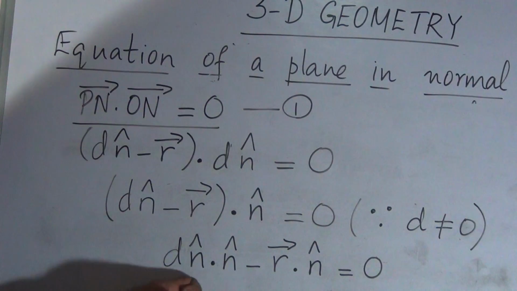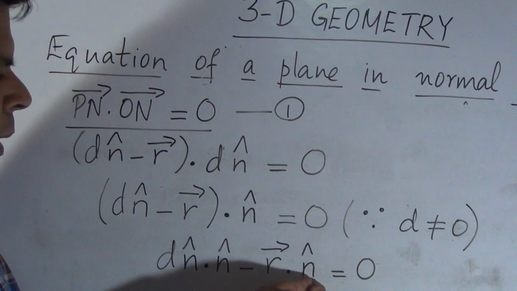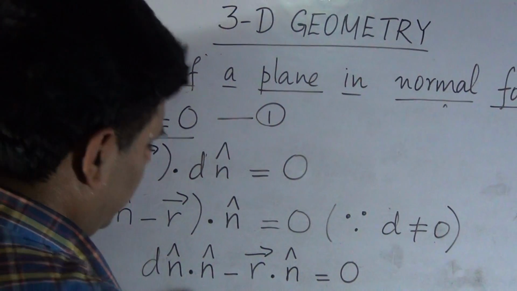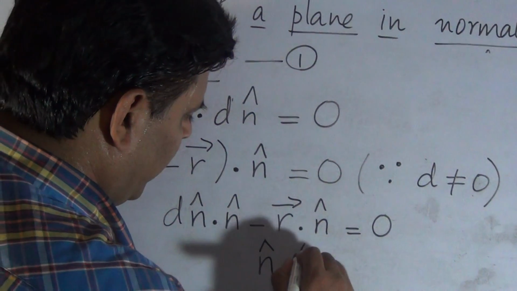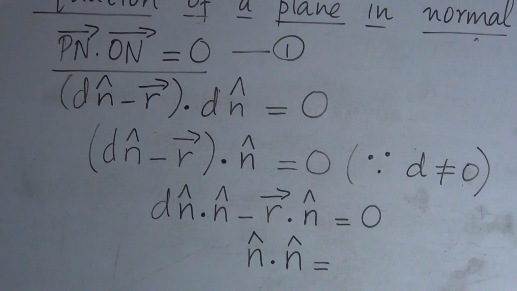So I get d n cap dot n cap minus R dot n cap should be equal to 0. But n cap is a unit vector. If I take dot product of a unit vector with itself, what will I get?